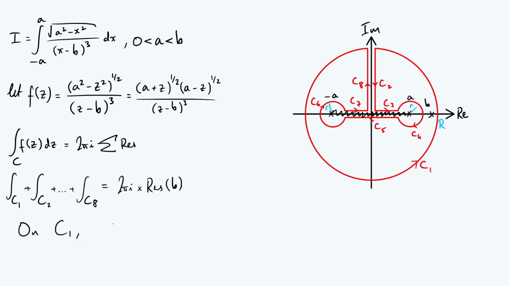So we're going to handle C1 by parameterizing the value of our complex number z as the radius of the circle, capital R, times e to the i theta, where theta is just the angle that z makes with the positive real axis, goes around from 0 to 2 pi. And as a reminder, we are letting R go to infinity.